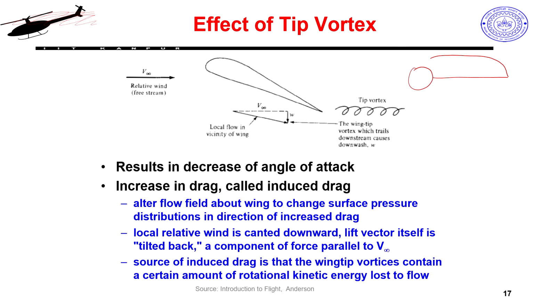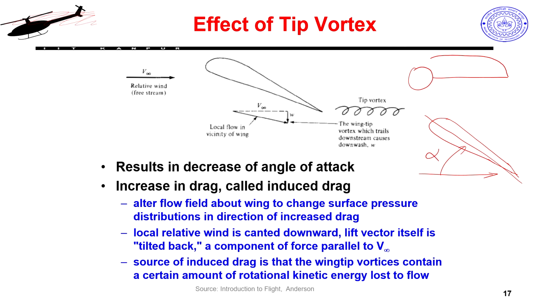So, one can look at this in two different ways. One is that, if I draw my normal airfoil, and let us say this is my free stream, and then this happens to be my angle of attack, right.